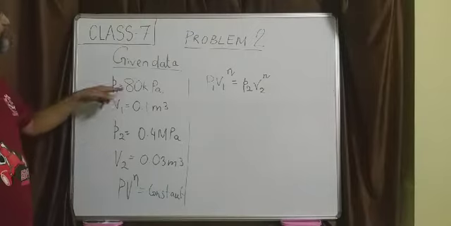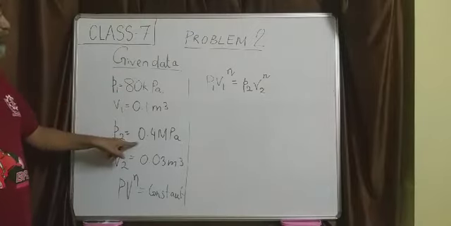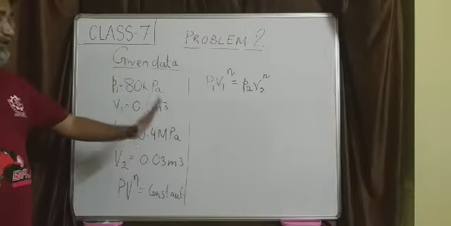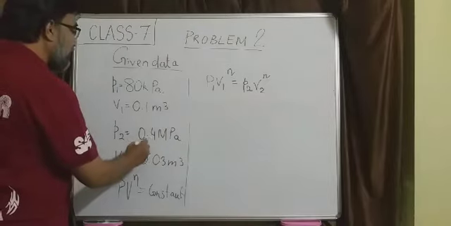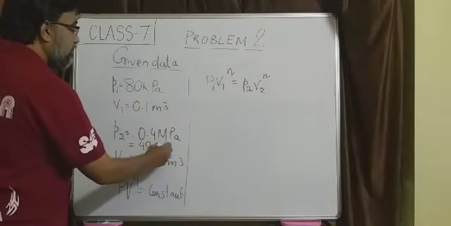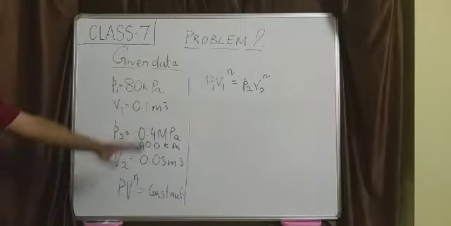But here you see, this is in 80 kilopascal, this is in 0.4 megapascal. So you have to express that in the same unit. So in place of 0.4 megapascal, you can write 400 kilopascal. Okay. So 0.4 megapascal is 400 kilopascal.